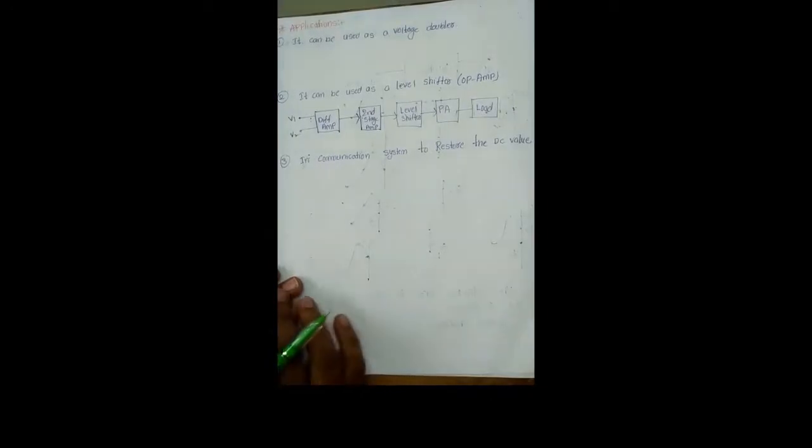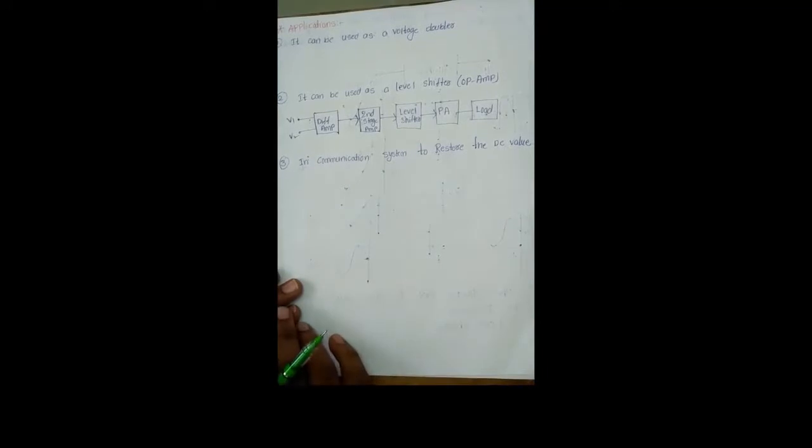It means that this clamper circuit can shift the input signal to either the positive side or the negative side based on our requirement. Okay, so this is the introduction about a clamper circuit, and now our doubt is where we are using these clampers. Now we are discussing the applications of the clamper.